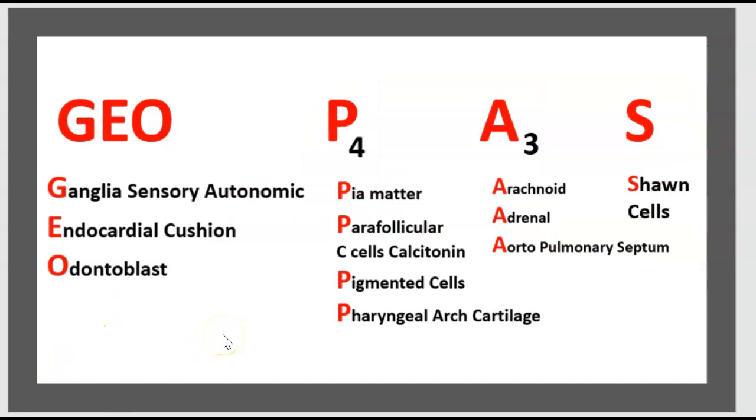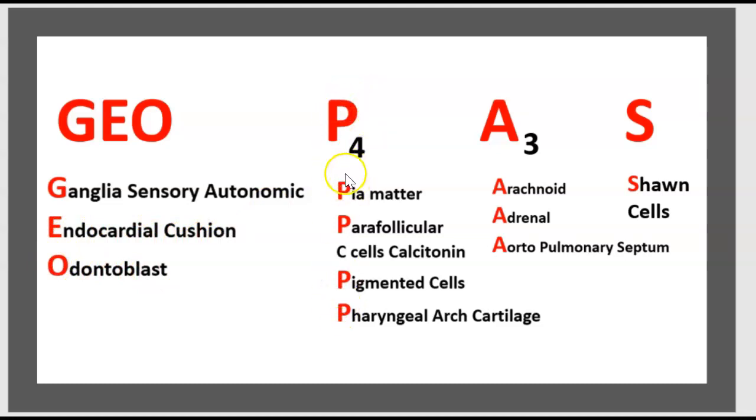Neural crest cells, remember? GO PAS. G stands for ganglia, sensory and autonomic, E for endocardial cushion, O for odontoblast.